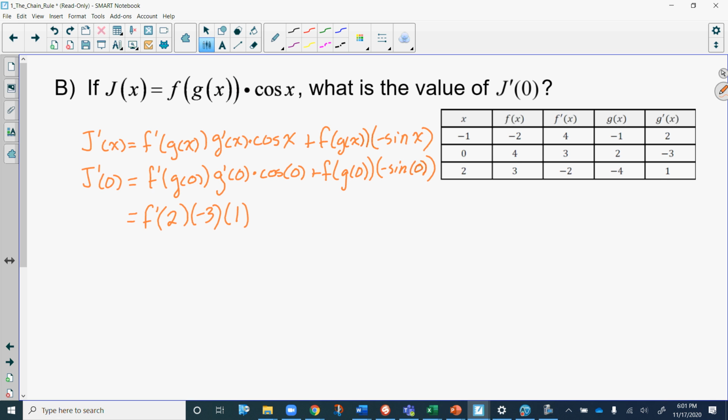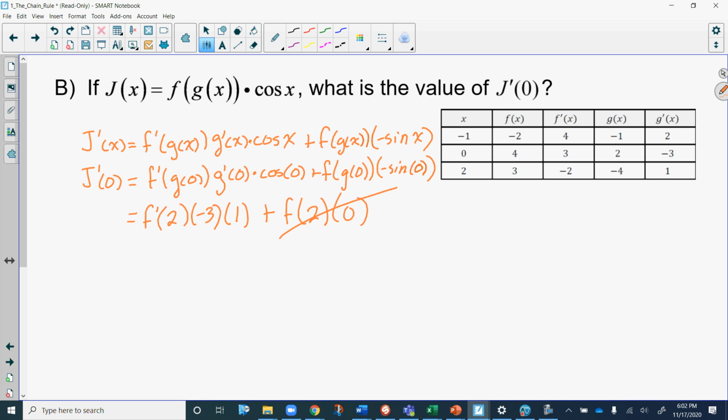So let's keep going. f of g of 0, g of 0 is 2. And negative sine of 0 is 0. So this whole thing goes away. We don't need to worry about it anymore. Anything times 0 is 0.